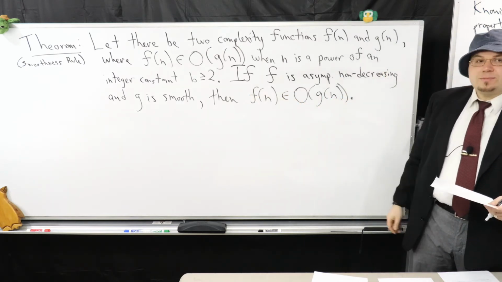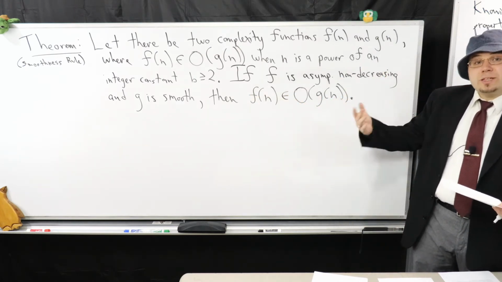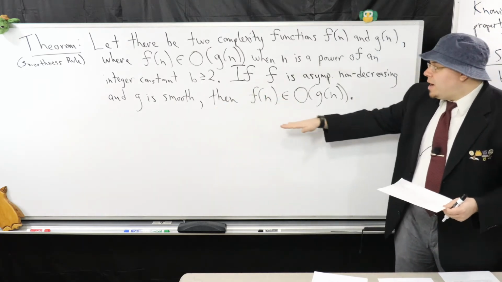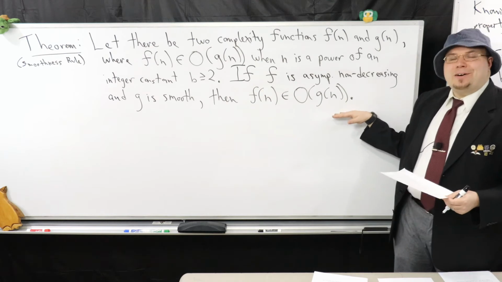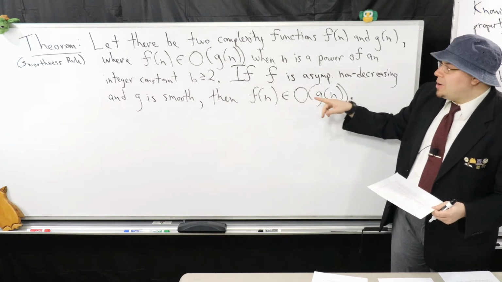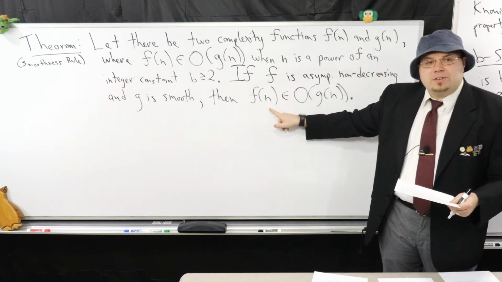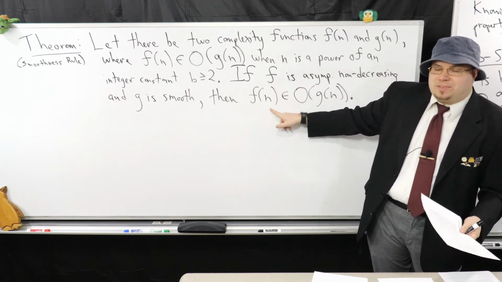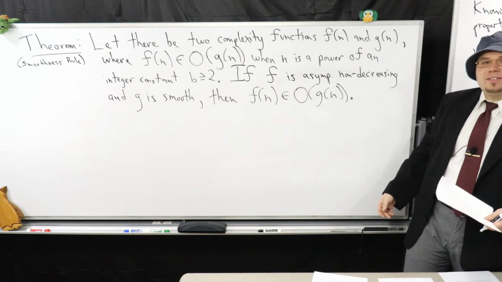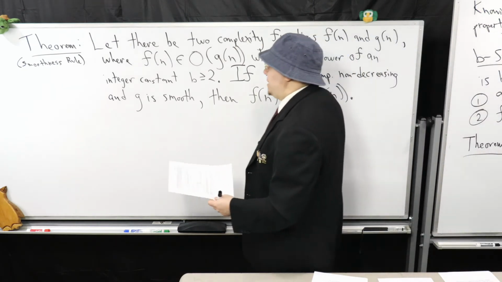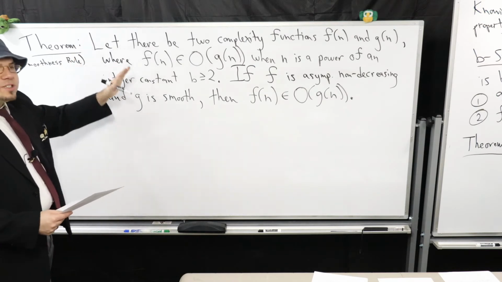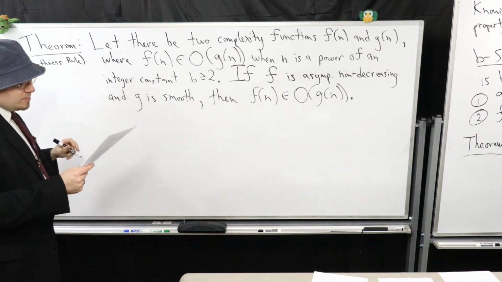So if both of these are asymptotically non-decreasing, all you have to do is prove that second condition of smooth, and then you get unconditionally that f is big O of g, regardless of what n is. So it's across the entire domain, which would be n greater or equal to 1 most times, whatever the valid domain is for n. This allows you to make a lot more simplifying assumptions.